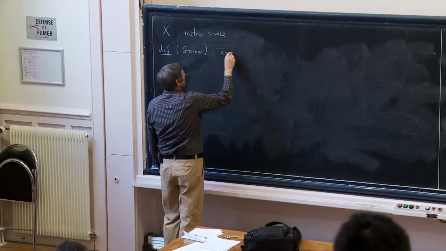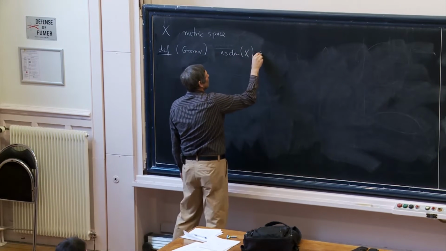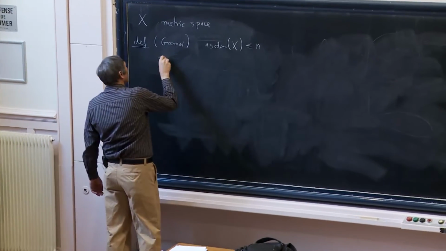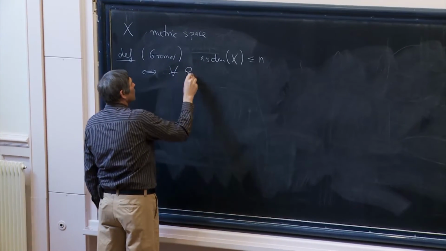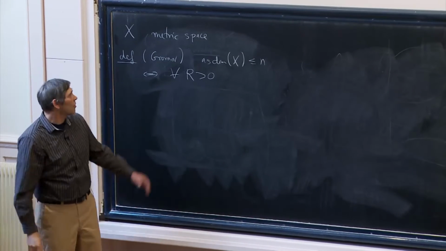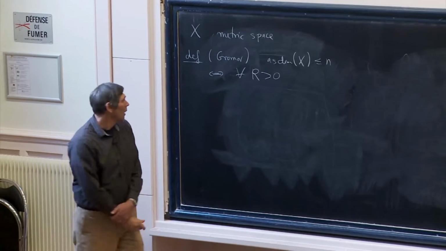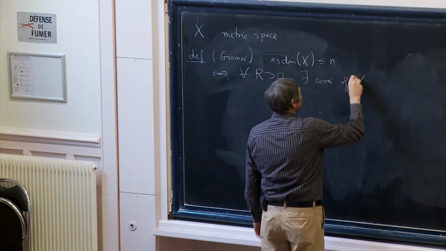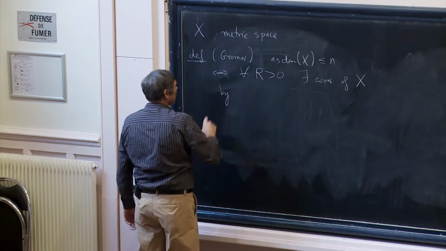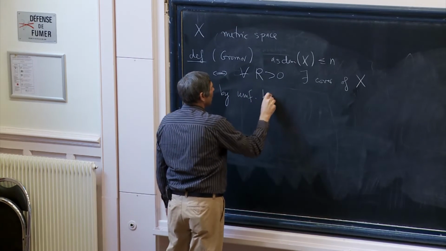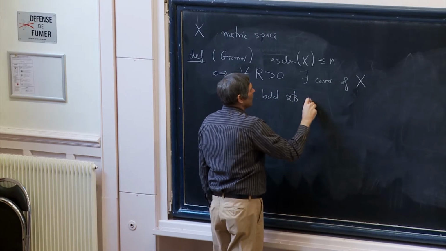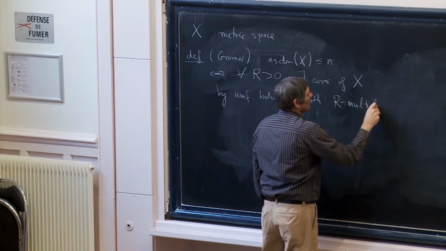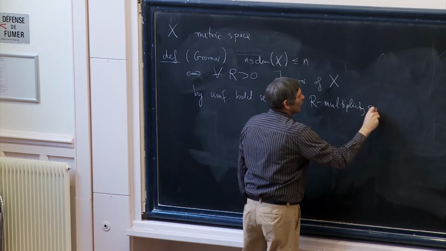that the asymptotic dimension of X is less than or equal to some integer n if and only if for every r greater than 0, and here you think of r as being big, so this is a large-scale notion, there exists a cover of X by uniformly bounded sets with r multiplicity less than or equal to n plus 1.